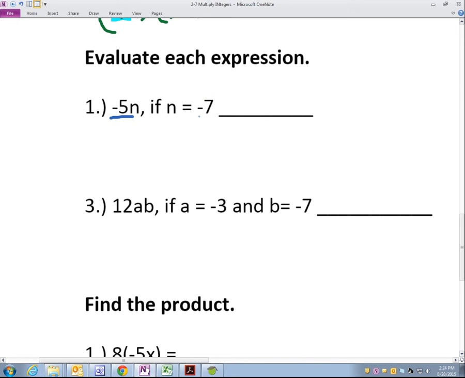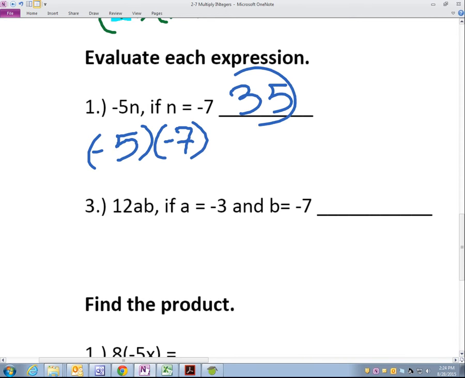So we have to substitute that -7 in for n. I'm going to rewrite it every single time like this. So it becomes -5 multiplied by -7. And of course you know that it's positive and the answer is 35. So we're just substituting it in. The same situation, if I wasn't here one day, there would be a substitute here. I would be substituted. Okay?